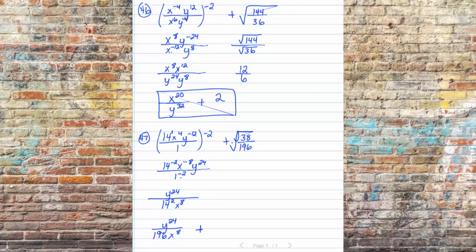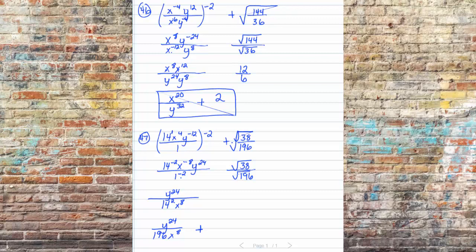Eventually, I know I'm going to need to add whatever my simplified value of my second term is, so let's go back and look at that one. We have the square root of 38 over square root of 196. Square root of 38 is a factor of 2 times 19.